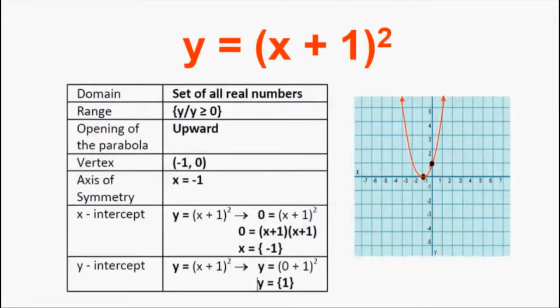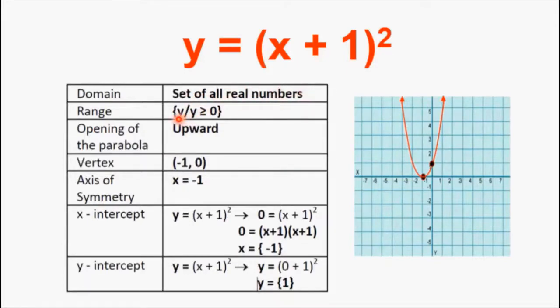So, we have another example that is y is equal to the square of x plus 1. We can also read it as y is equal to the quantity of x plus 1 squared. So, the domain is the set of all real numbers.